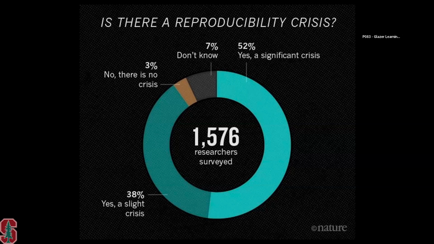Oh, thanks. Well, of course, it all boils down to what we mean by reproducibility. How was this question asked? Are you trying to reproduce someone else's data, someone else's results, or are you trying to reproduce your own? If you're trying to reproduce your own, then I would think it's more alarming.